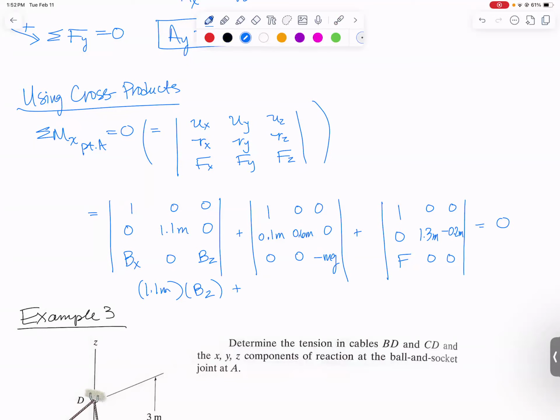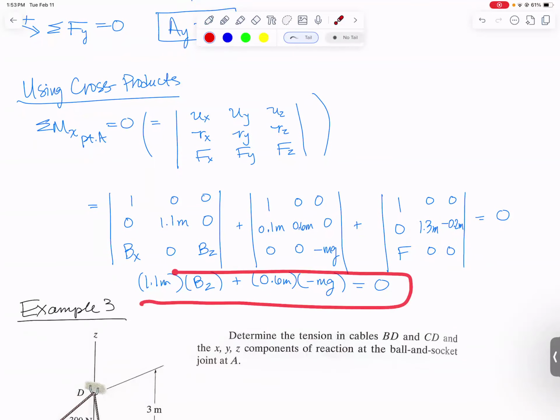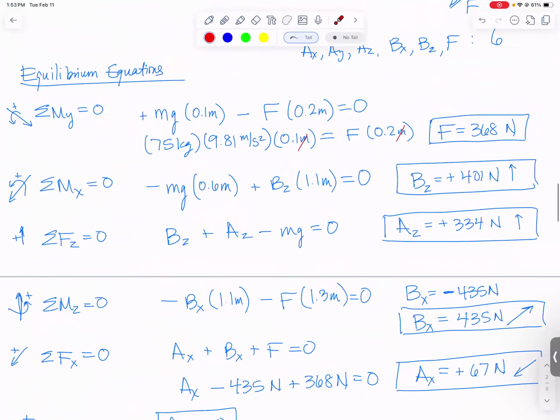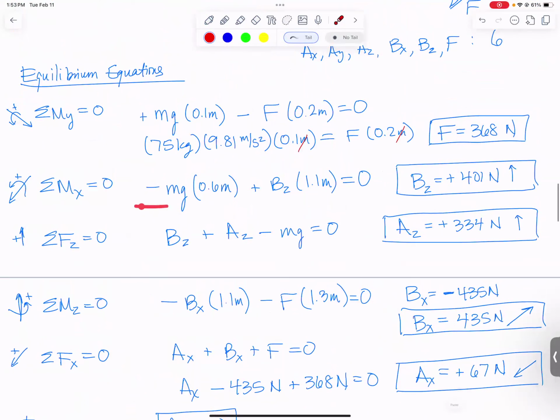So we've got plus 0.6 meters times minus mg. And for the last one, every single term when you multiply out the cross product is 0, so that's equal to 0. If you notice, this equation, 1.1 Bz minus 0.6 mg, is exactly what I got up here when I summed moments about the x-axis.